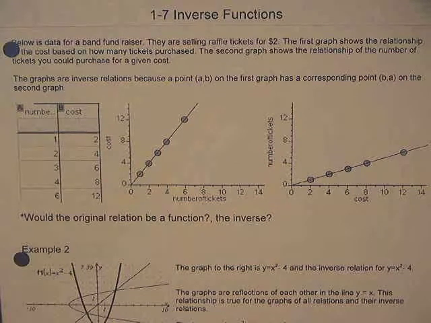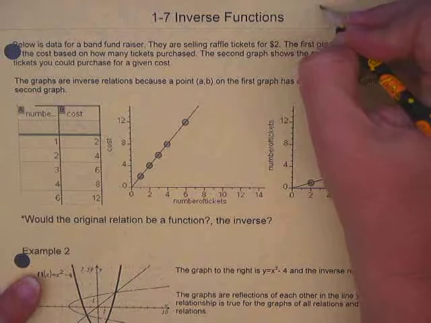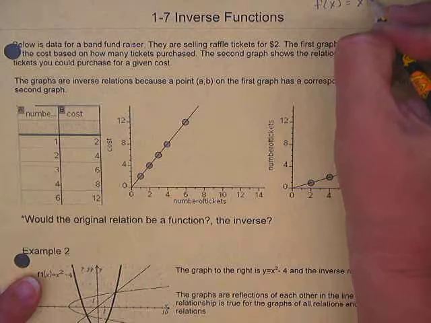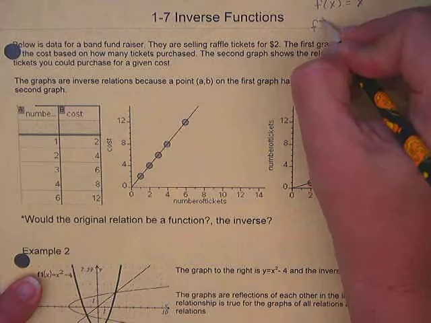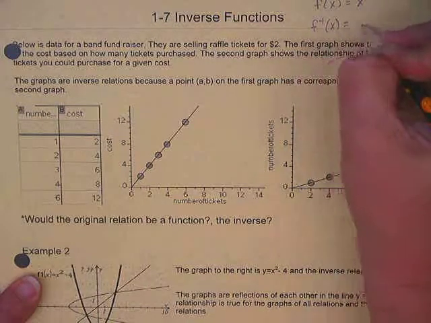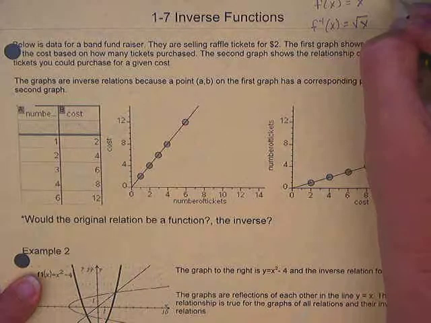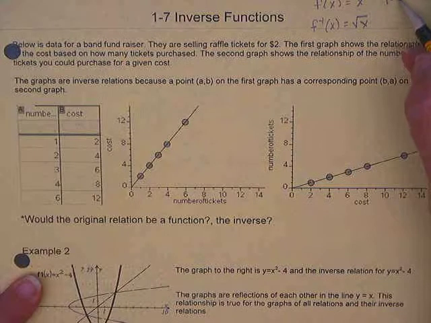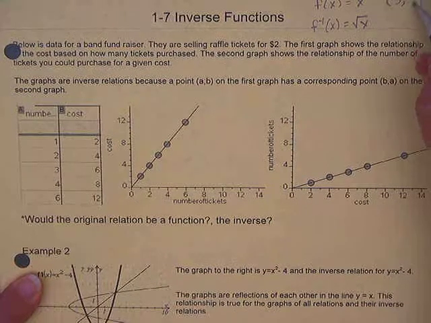If I have a function f of x that squares a number, the inverse function of squaring a number would be the square root. The reason is, if I have an input of 3 on my original and I square it, I'd get 9.